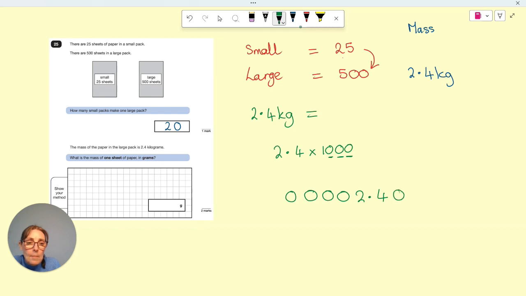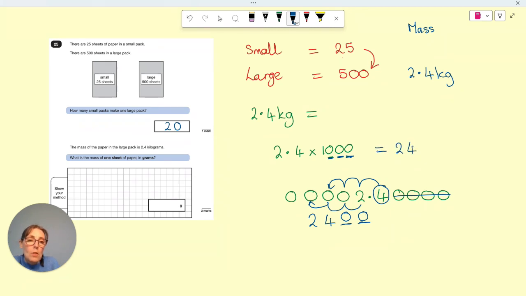So it's going to go up 10 times 10 times 10. So the 2 goes to that space, and the 4 goes 10 times 10 times 10. We don't leave the 4 behind. And then these two spaces, we have to put zeros here. So that is equal to 2,400, which means it's 2,400 grams.